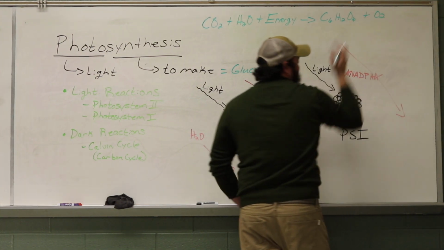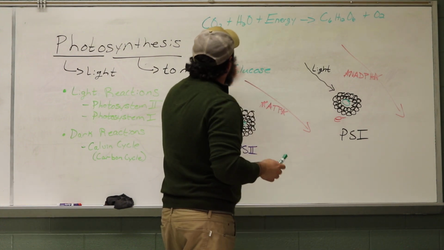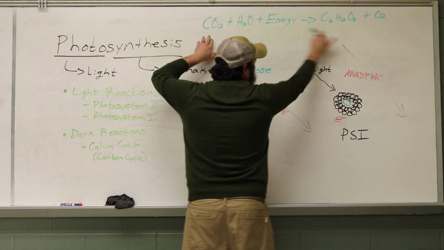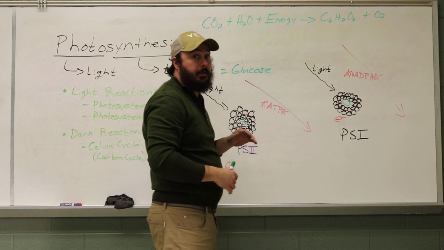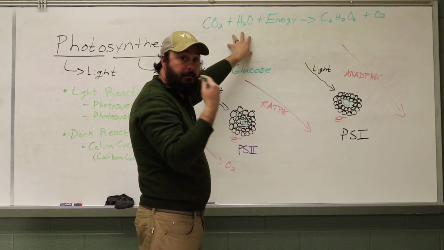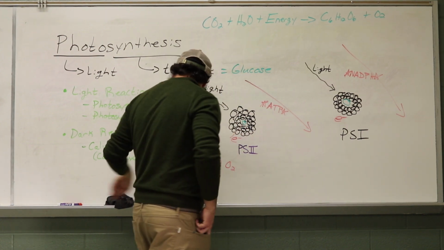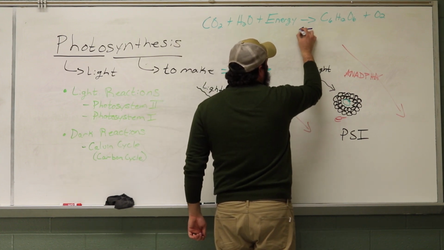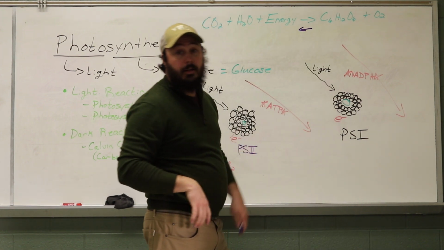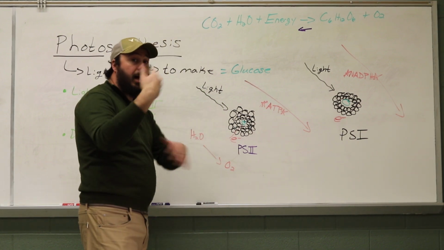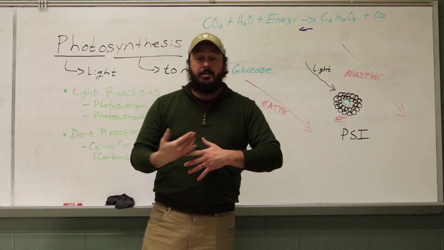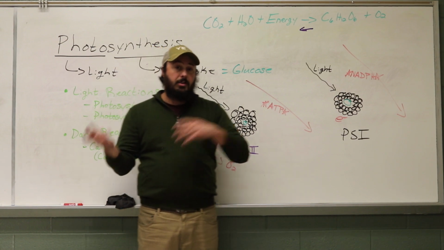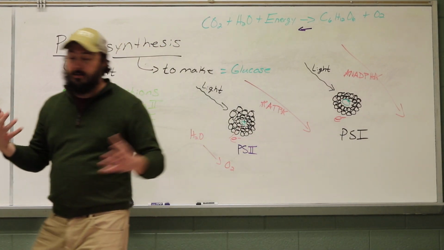Now again, this is a waste. So if this energy in this format is sunlight, that is photosynthesis. All you have to do here is just flip that arrow. Now you've got cellular respiration. So they truly are the opposite of one another. It's the inverse, if you will.